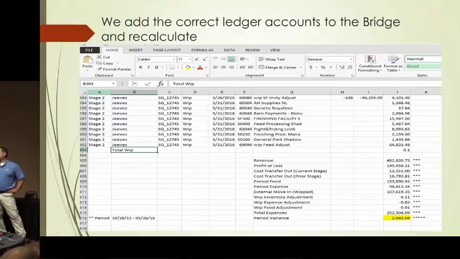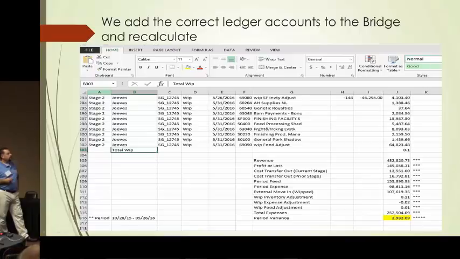That's exactly what we expected to happen, because we saw that we were missing a $10,000 sale when we looked at our original WIP. The profit loss went from 176 down to 149,000.